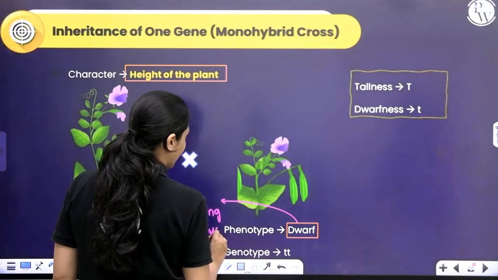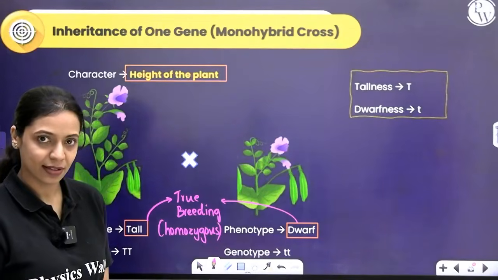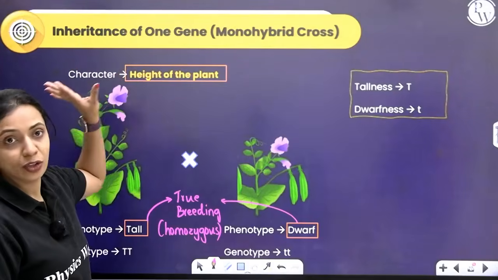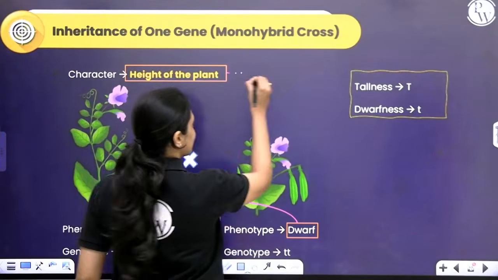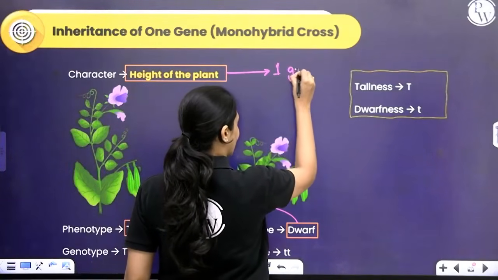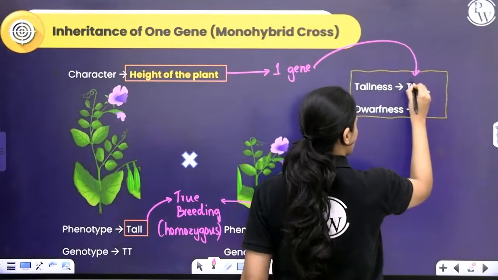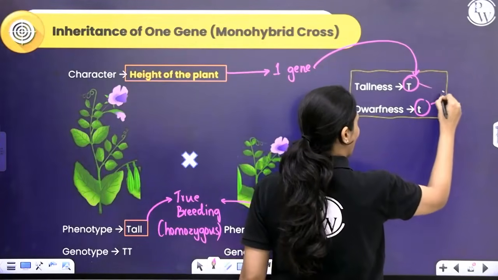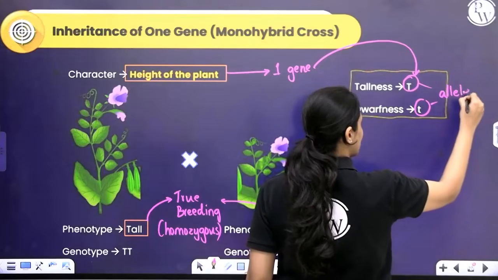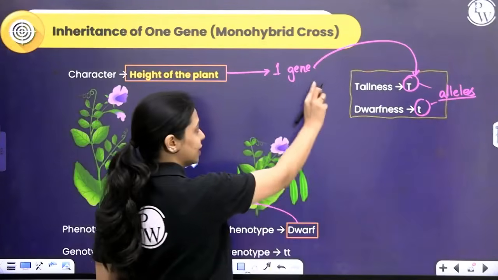Right now, I'm going to use letters to represent alleles. This height of the plant character is controlled by one gene. Now, this gene has two forms. These two are two different forms of the same gene. So, these are the alleles of this gene.